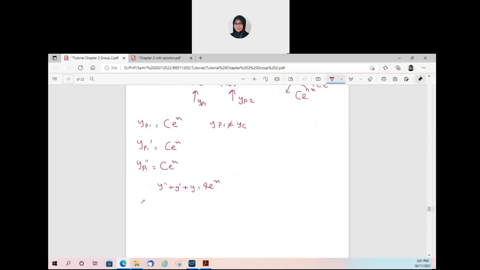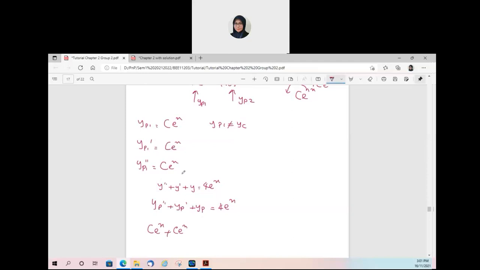Okay. So YP double prime plus YP prime plus YP equals to 4EX. Okay. Kita masukkan nilai YP ni semua kat dalam sini. So here we have CEX. Okay. YP prime is CEX. Plus with YP prime CEX juga.